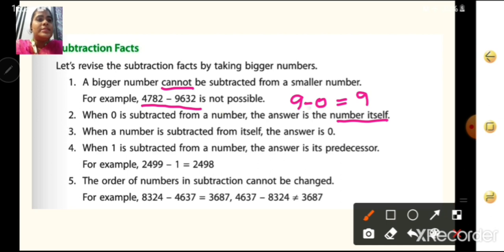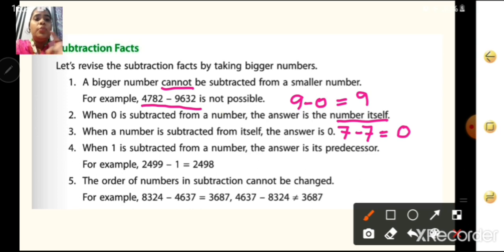Then when a number is subtracted from itself, the answer is 0. Correct? For example, if I do 7 minus 7, what is my answer? 0. So when a number is subtracted from itself, we will get 0.